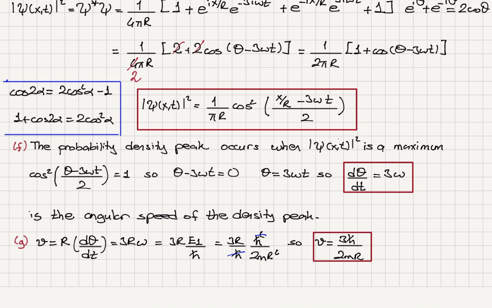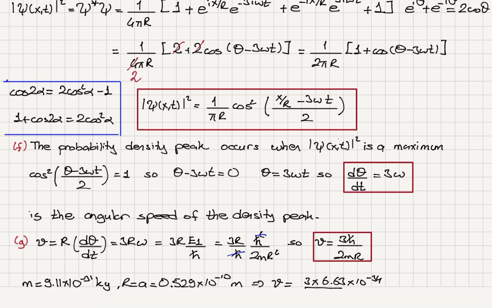Okay, now we have an electron. Mass of the electron is 9.11 times 10 to the minus 31 kilograms. We have r equal to a Bohr radius, which is 0.529 times 10 to the minus 10 meters, or angstroms. So this allows us to calculate v. It is 3 times h bar, 6.63 times 10 to the minus 34 joule seconds divided by 2 pi. That's h bar.